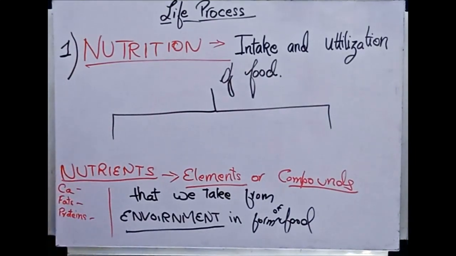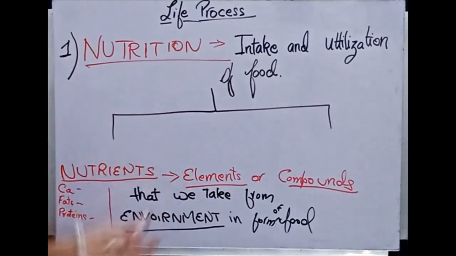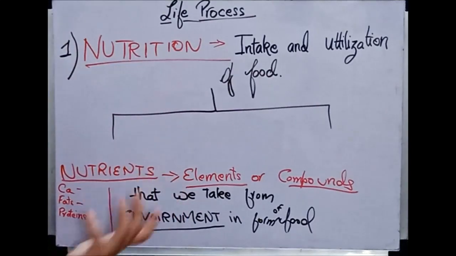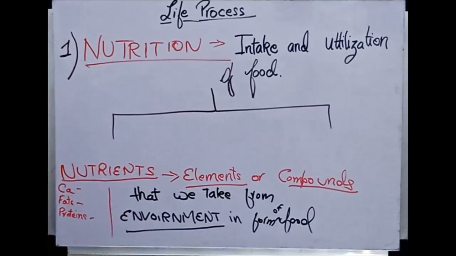This all comes in nutrients. Calcium is essential for the strength of our bones. It strengthens our bones. Fats are just for instant energy, you can say. Protein is always called bodybuilding food. And in the era we are in now, we need food that is good for our growth. We need to grow, and for that we eat lots and lots of proteins.